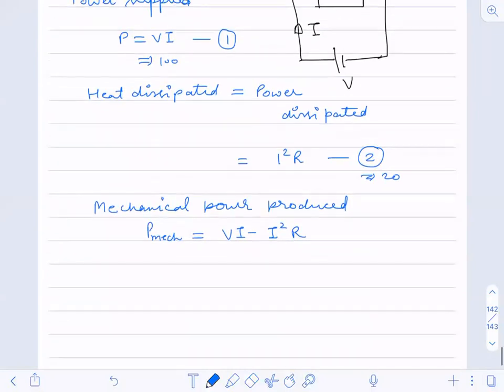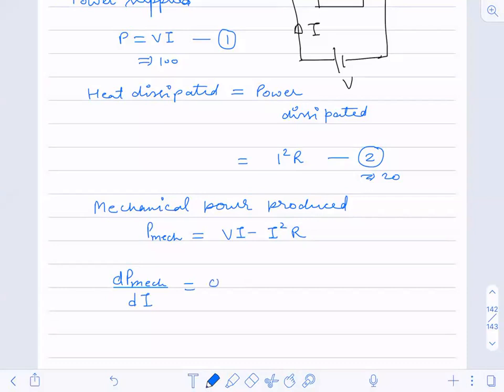Now, when will this mechanical power be highest? I'll differentiate this with respect to current, because resistance and V are already constant, and equate it to 0.